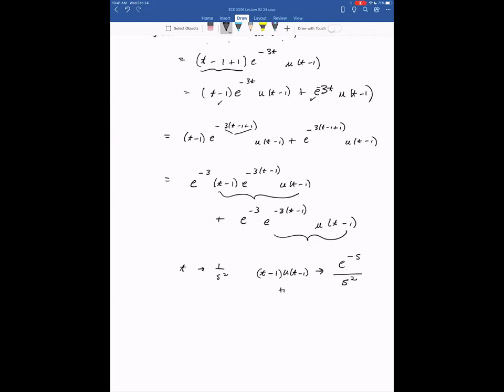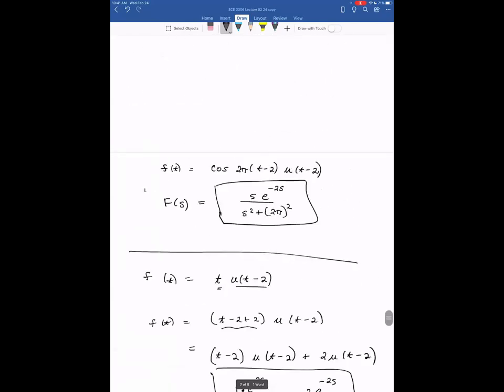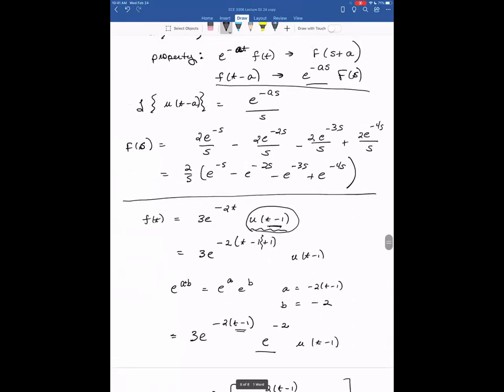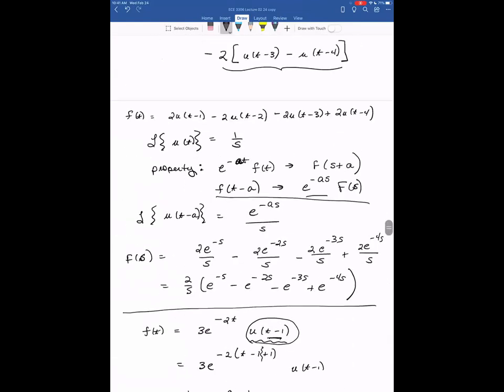So this is the time shift property. Okay, and then we also know from the previous thing I wrote down that there is this property of duality, that when we have multiplication of a function by e to the minus at, that shifts the Laplace variable.